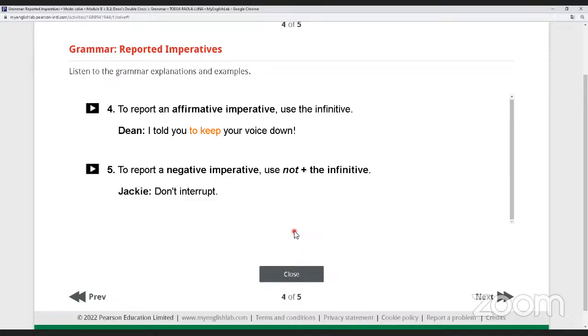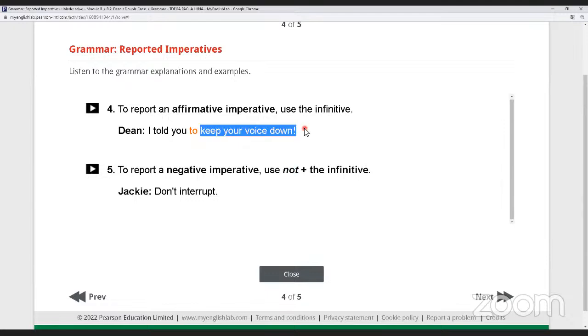We're going to look at it further on, but this is the easiest, right? Because the structure is not difficult. You only need to use the infinitive. As you've seen before, we have didn't or something like that. Then: keep your voice down.